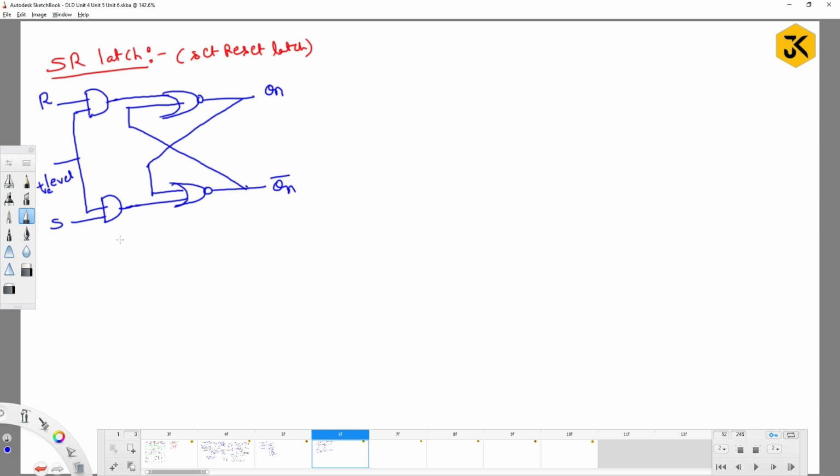As I am controlling this entire circuit with the help of this signal, I can call this a synchronous SR latch, meaning that my entire control circuit's working will depend on one particular point. What is that point? This one. I can call it a synchronous SR latch.